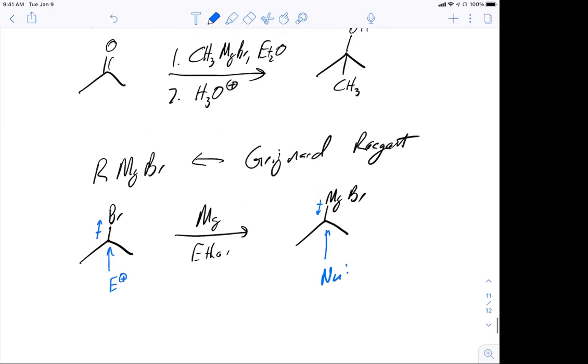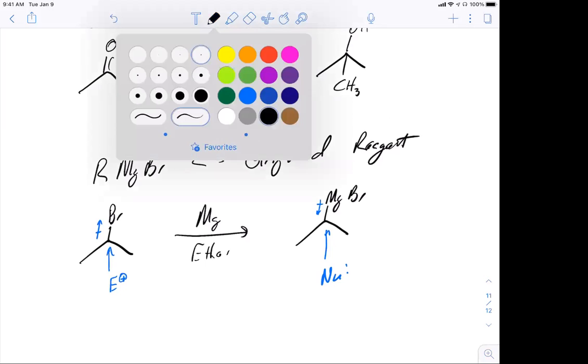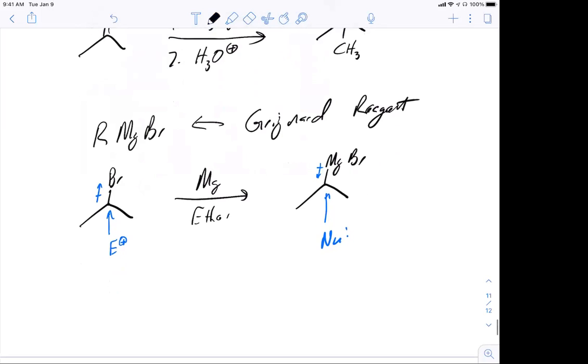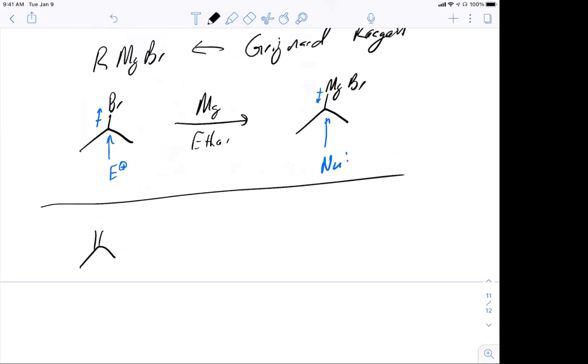So if we look at the mechanism at the top, it's a pretty straightforward mechanism, thinking about that carbon as a nucleophile. So starting with the ketone, Grignard reagents are usually shown bonded, not as positive and negatives. So there is enough dipole in that polarity in that bond so that it's not ionic, but a covalent bond.